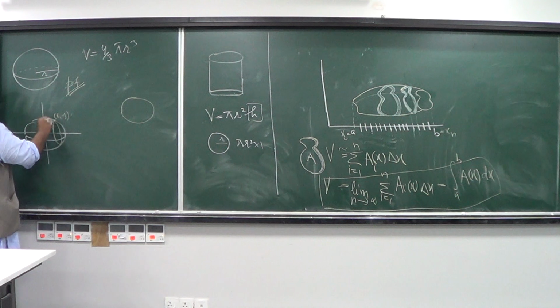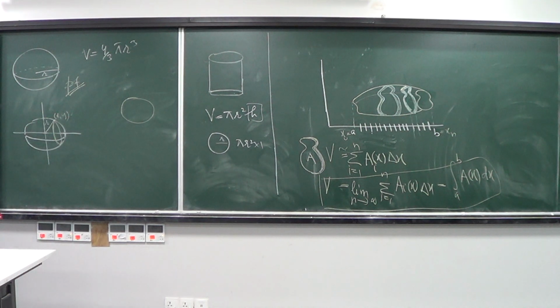This distance is going to be r, for sure. It's the distance between the middle of the sphere and its surface. So this is radius r.